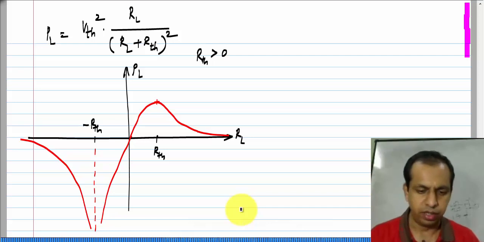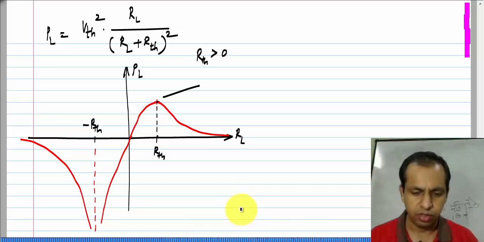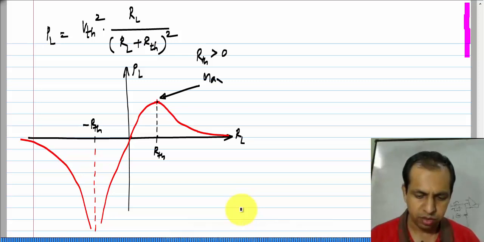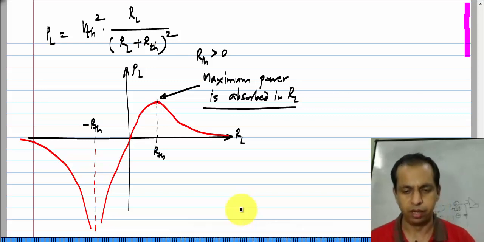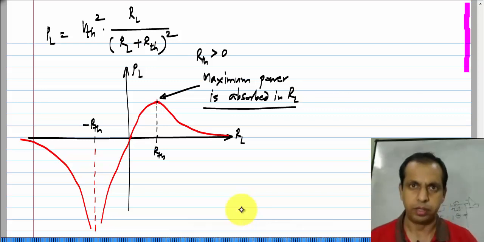So, here I have assumed that RTH is more than 0, and this will be when maximum power is absorbed in RL. Okay.